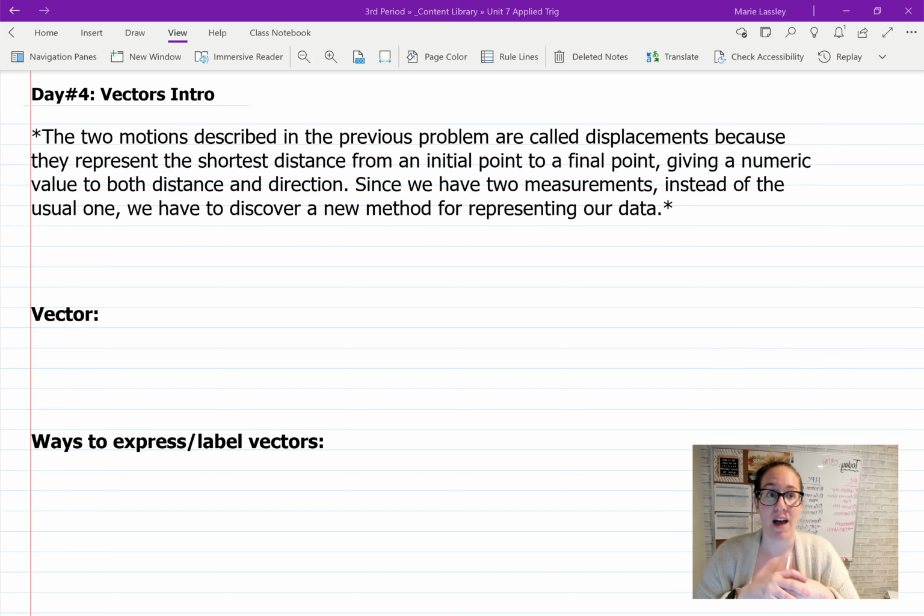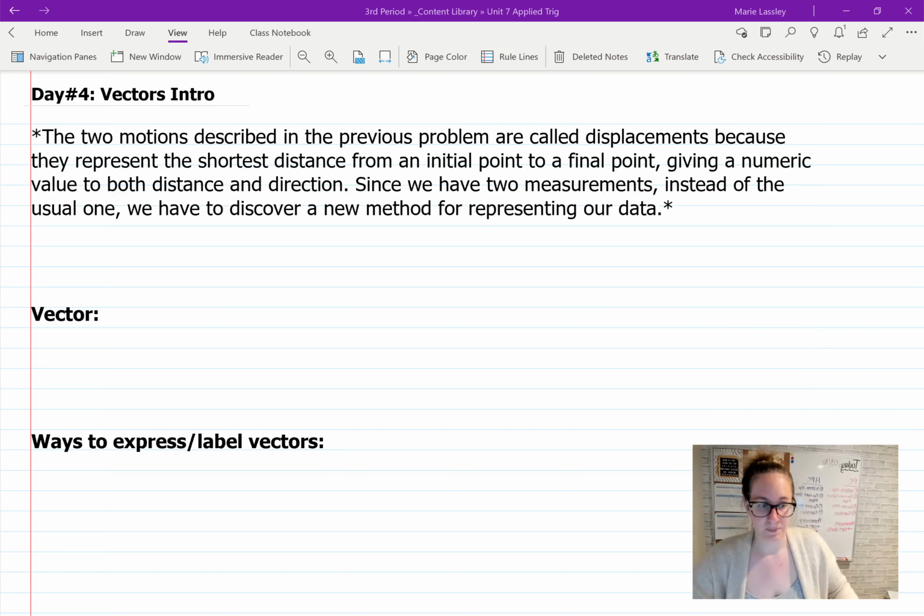Instead of having a point and an angle, like we do with our unit circle, we're going to merge those into one piece so that you don't have to keep track of both. It gives us a way to represent direction and length with just one piece instead of two separate pieces.